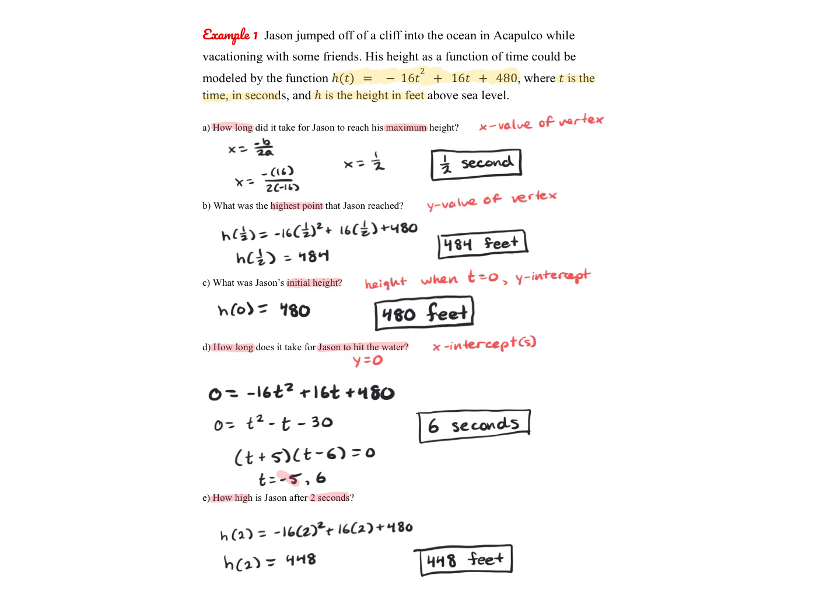And then they also just might be asking you to find a random value, substitute a value into your function and see what that height is. So I think once you can identify what part of the function you're looking for, finding it should be the easy part. It's either just solving the equation or finding the vertex or finding a y-intercept. But again, just make sure you're identifying the correct part.